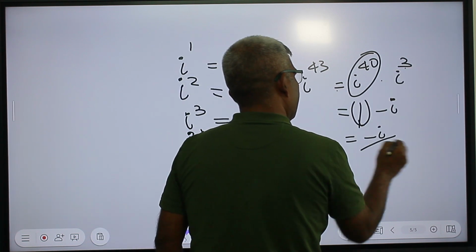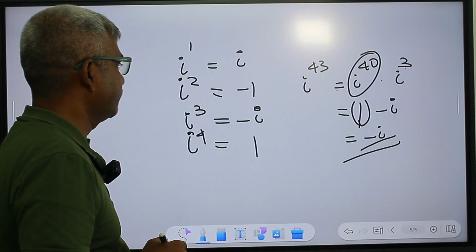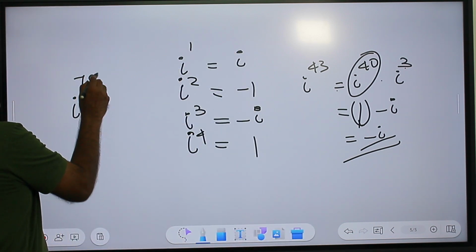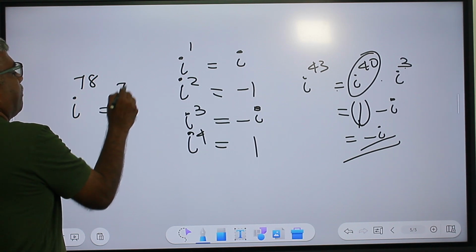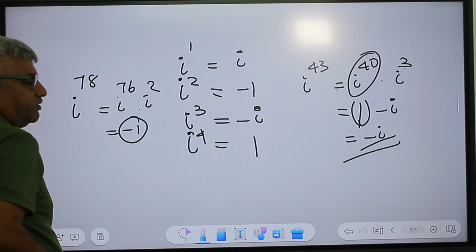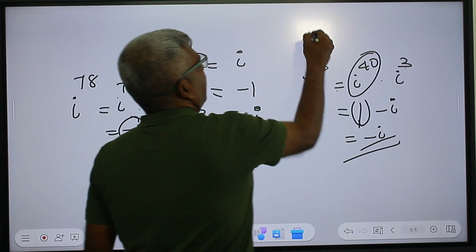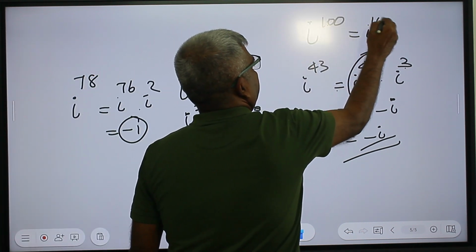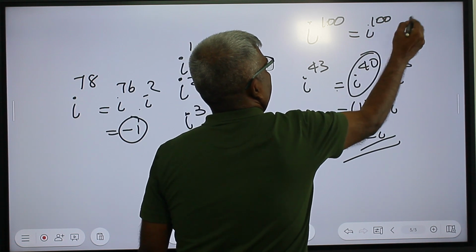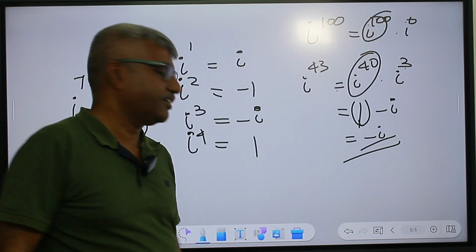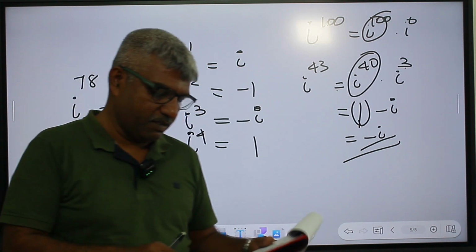So it is minus i. Got it? Suppose i power 78. What is i power 76? 1. So i squared, it is minus 1. Okay. i power 100: i power 100 is 1. Okay, got it?